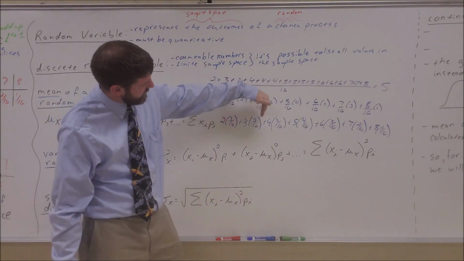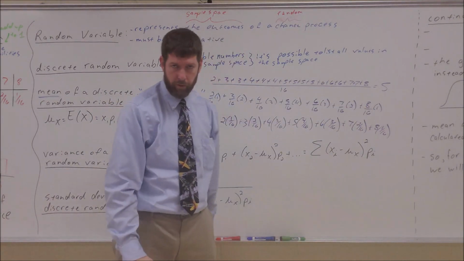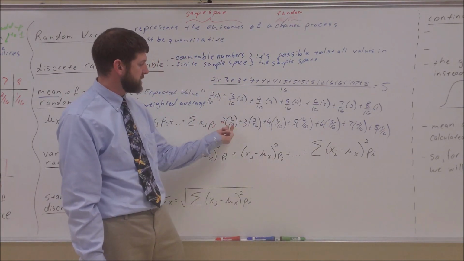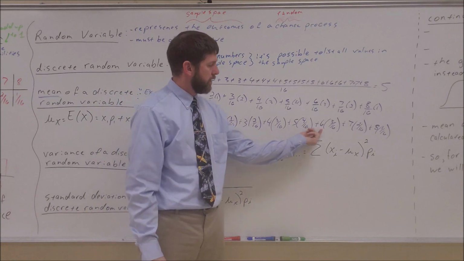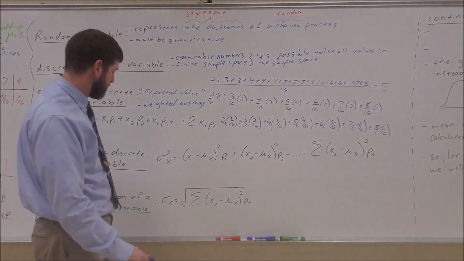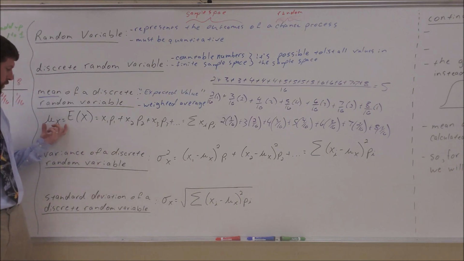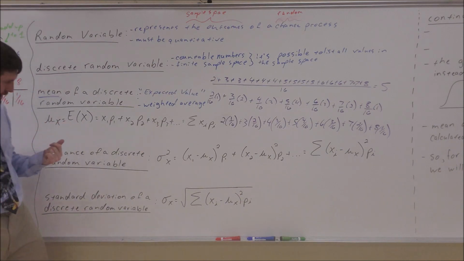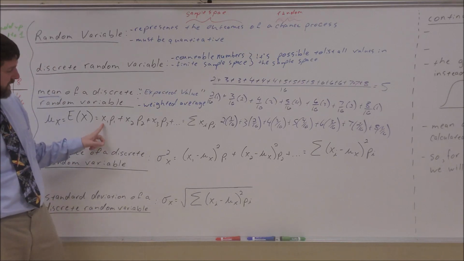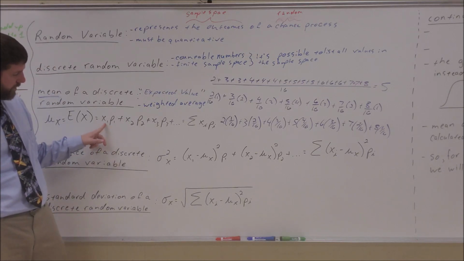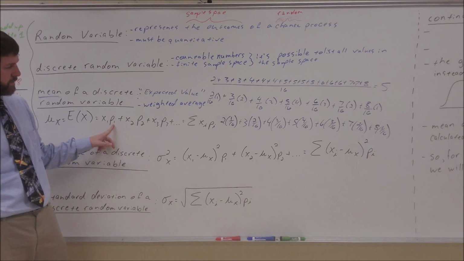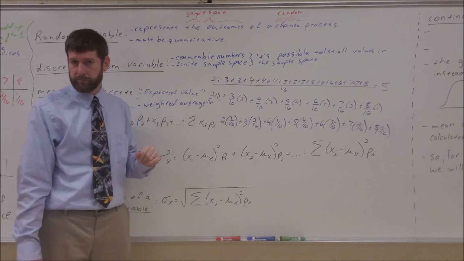We see each of the values of the random variable, each value of the sample space, and what do they multiply by? Their respective probabilities. Well, that's what we're looking at right here. So that's what this formula for weighted average, or expected value, or mean of the discrete random variable says. It says take each value of the sample space, multiply it by its respective probability, and just add them all up.